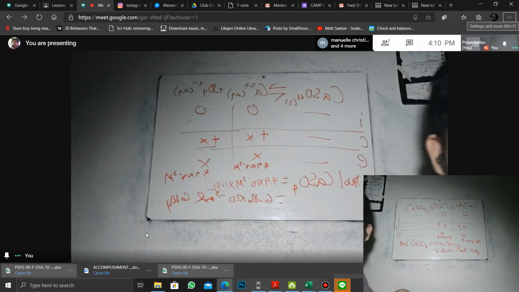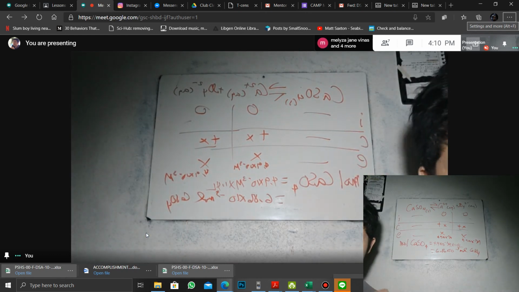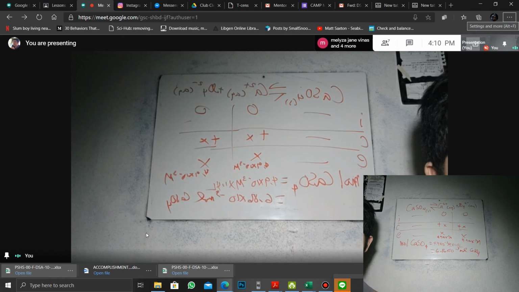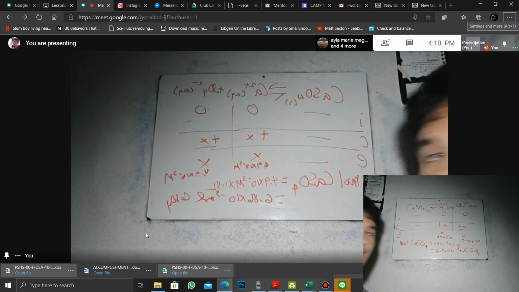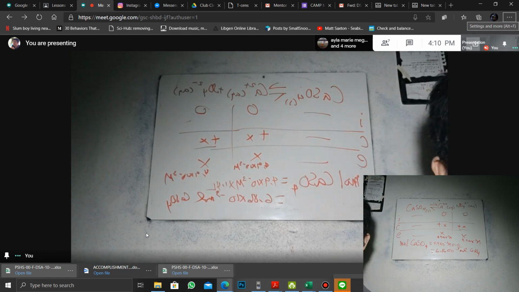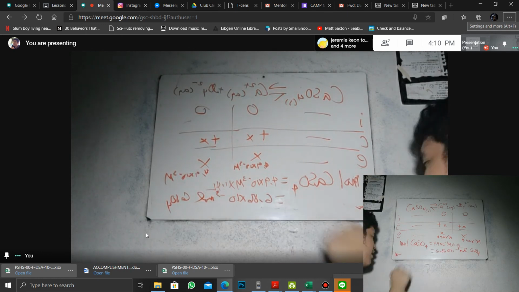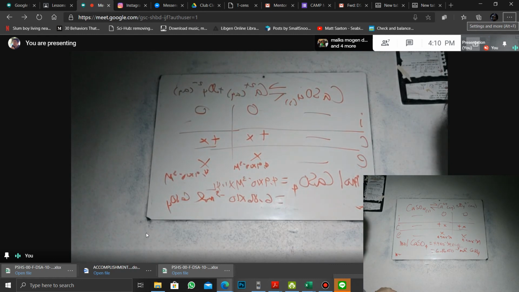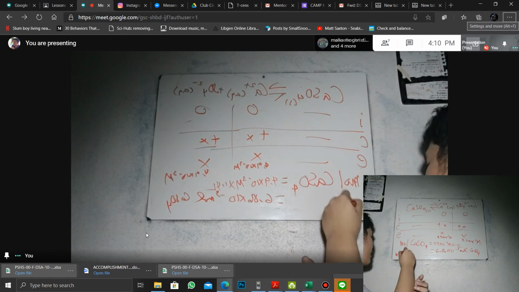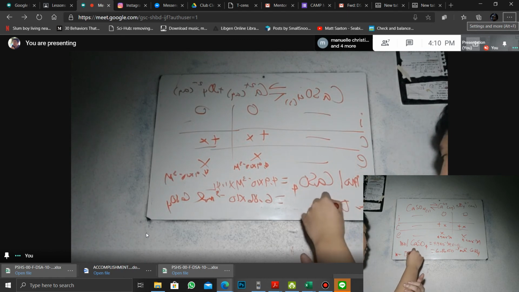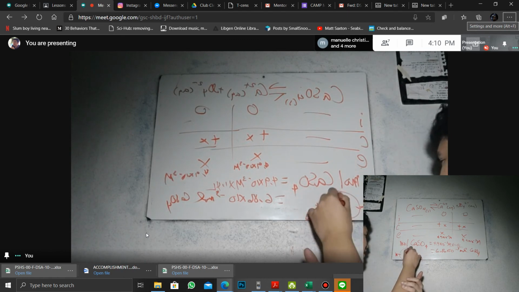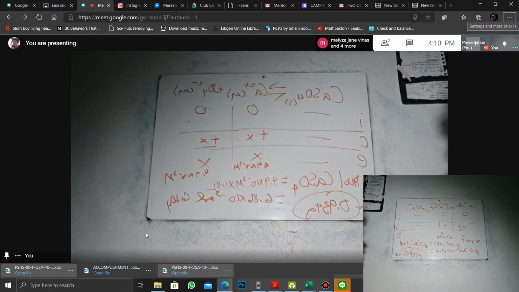Okay, what's next after that? Kunin natin yung mass ng CaSO4 para mangyari ito. Yung mass is convert to molar mass. Meron na tayo dyan. Multiply lang natin by 136.14 grams per mole. We get this, 0.934 grams. Yan.